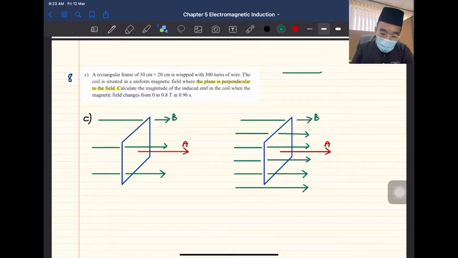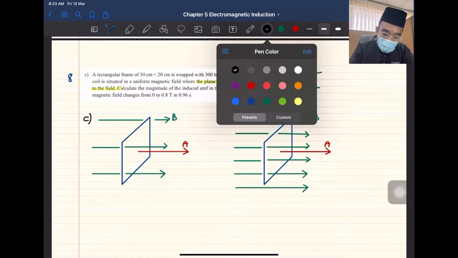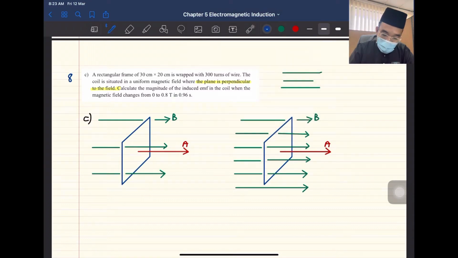From the side view, this is my field, and my coil would be like this. So the plane is actually 90 degrees. Remember, this is the plane. But the A, the area vector, is actually at 0 degrees to the field, if you can see over here.